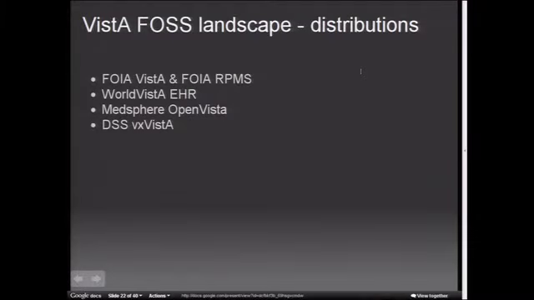All the different VistA distributions share a lot of that DNA. So FOIA VistA, which is VistA available under the Freedom of Information Act from the VA, is sort of the origin of many of these.